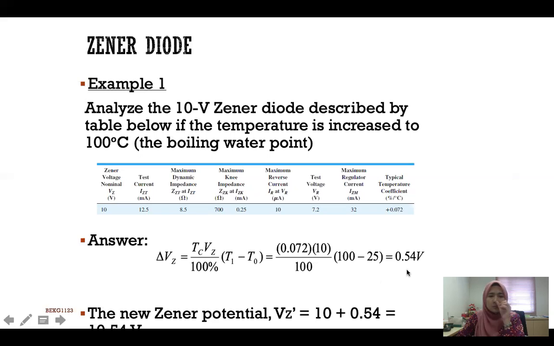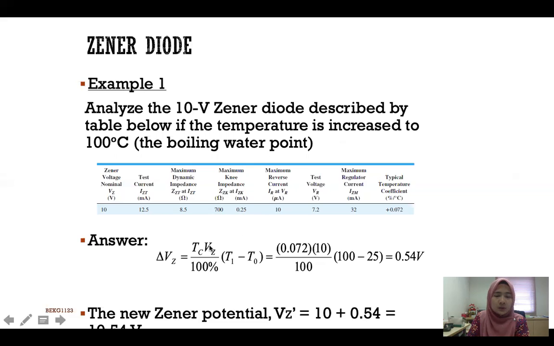So the new Zener potential is 10. So previously it is 10, so you add with this delta Vz, which is 0.54. So you will get the new Zener potential at 100 degrees Celsius as 10.54 volt.